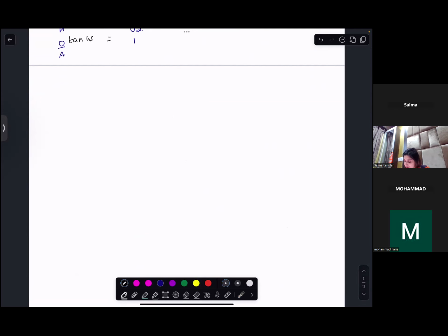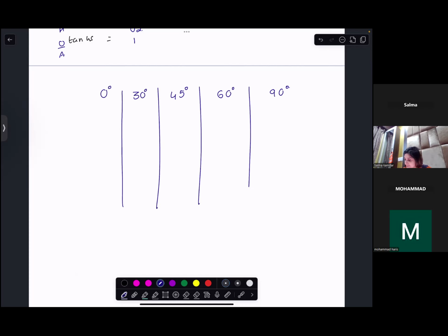Now, for your exact trig values, I want you to prepare along with me the values that you should know by heart. And if you don't know, you should know how to calculate. It would be for 30, 45, 60, and 90. And 0, we will find. Are you with me?